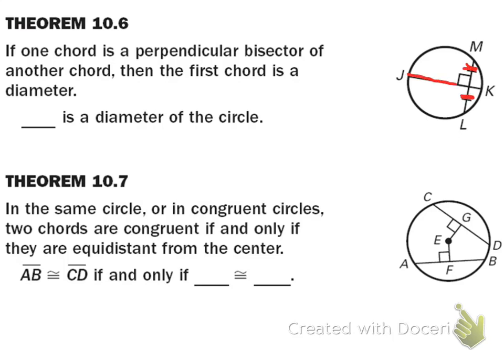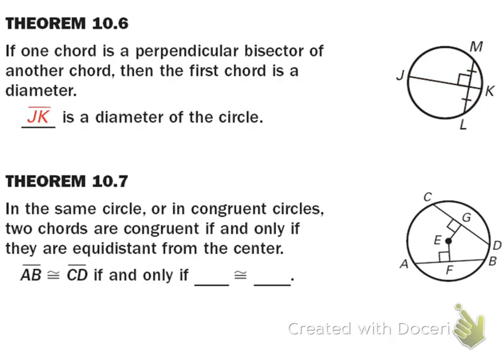When a chord is perpendicular and bisects another chord, then that chord must be the diameter, which means it will pass through the center of the circle. If this is a diameter, then it cuts this into two semicircles. So, because this chord is the perpendicular bisector, JK is the perpendicular bisector of ML, and we know JK is the diameter of the circle.